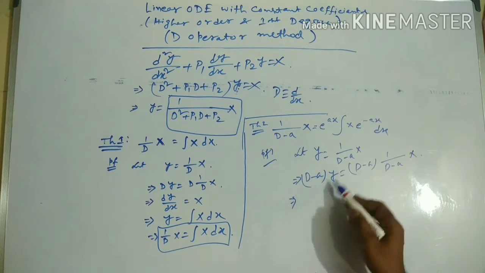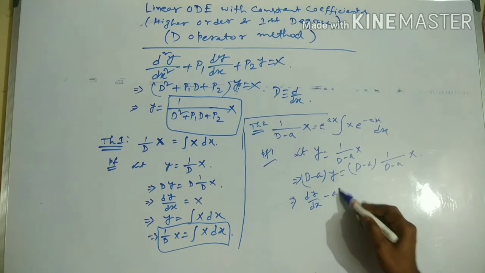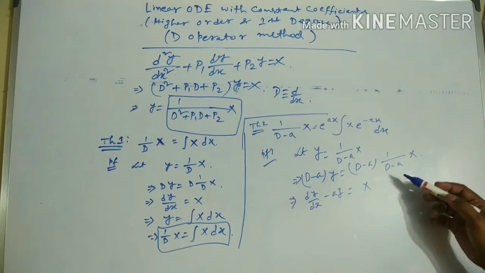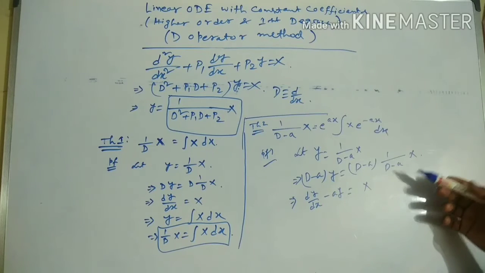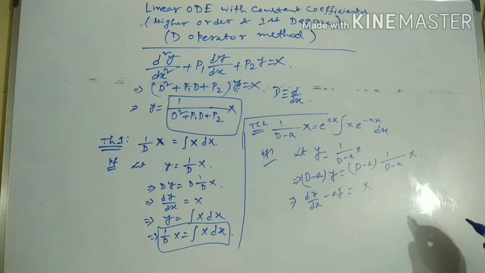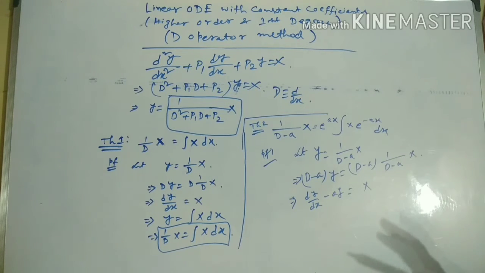Now D minus a of y means dy dx minus ay equal to capital X, because they are reverse functions. So this will be dy dx minus ay equal to capital X. Now you know that this is a first order first degree linear equation, and in my previous video I discussed how to solve a linear first order first degree equation.